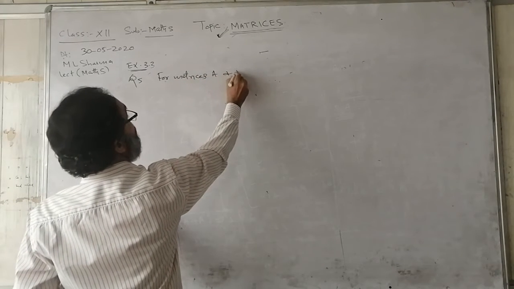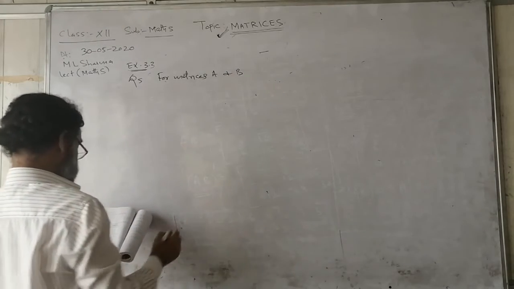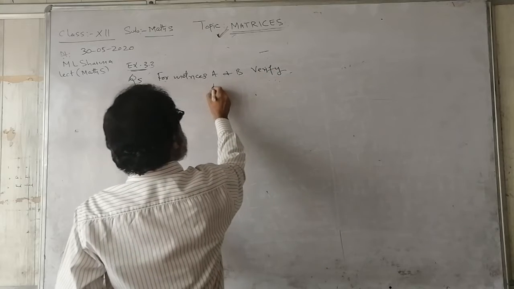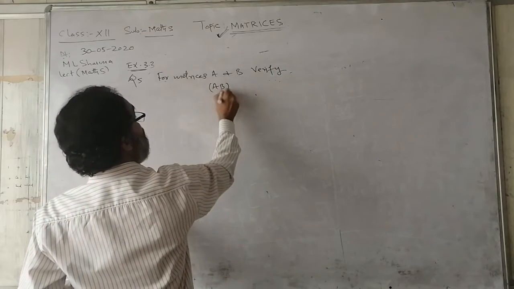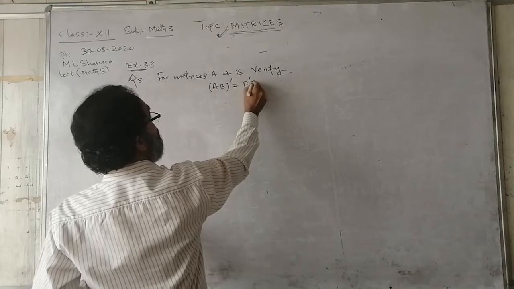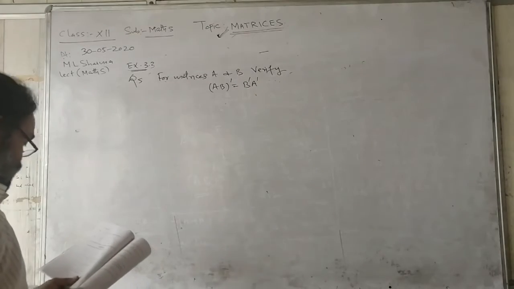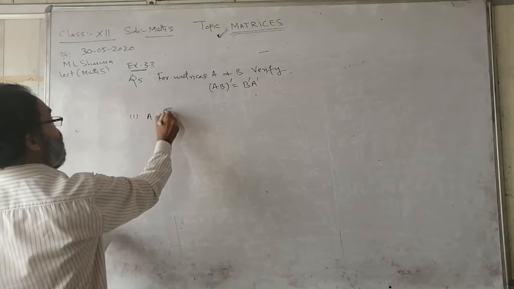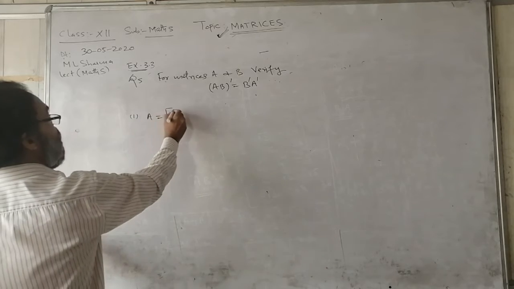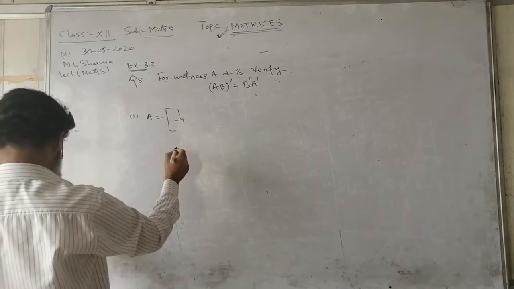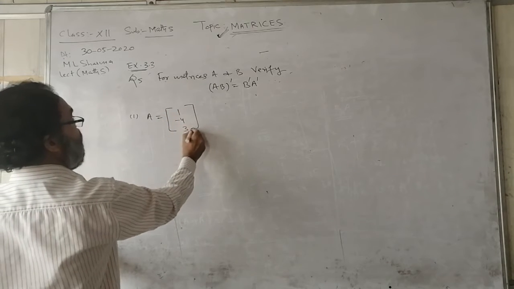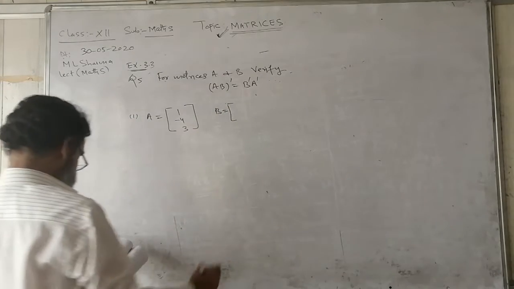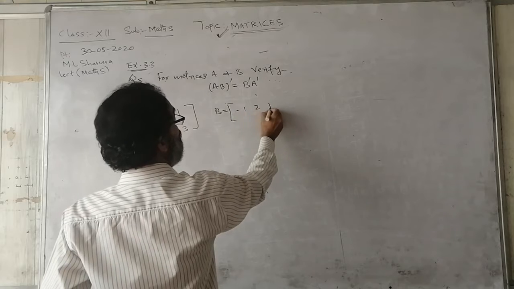you have to verify (AB) transpose equals B transpose A transpose. So the question, part first: the value of A is given as 1, -4, 3. The value of B is given as -1, 2, 1.